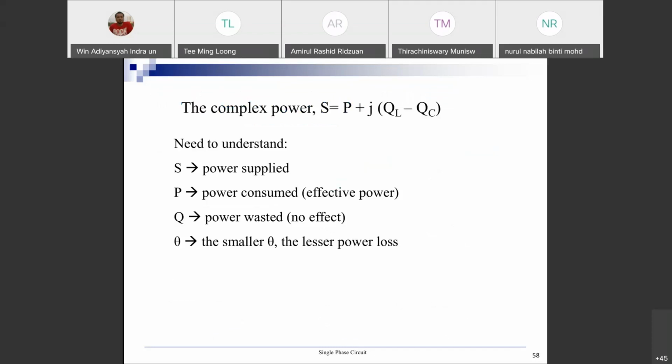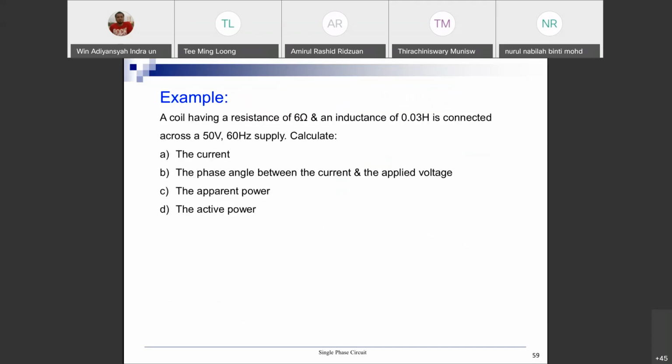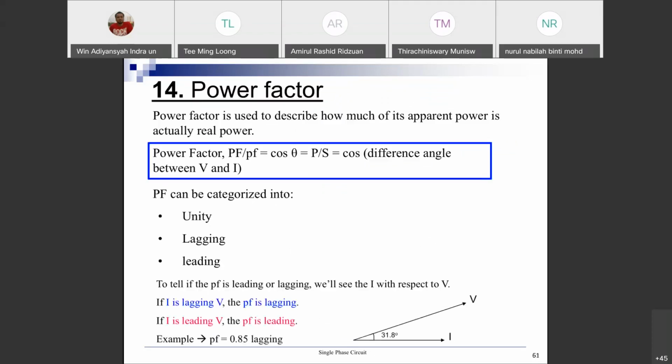I want to go to, okay, power factor. If you see the angle there, there's an angle there.